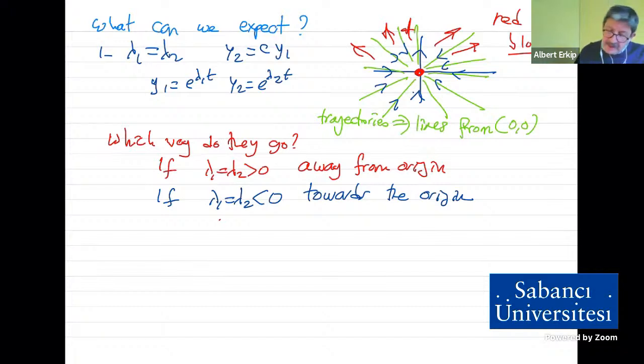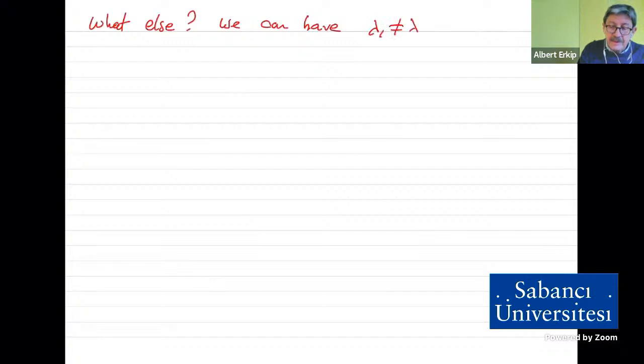Okay, what else can we expect? Well, we can have lambda 1 different from lambda 2. So then y2 equals c y1 to the lambda 2 over lambda 1.